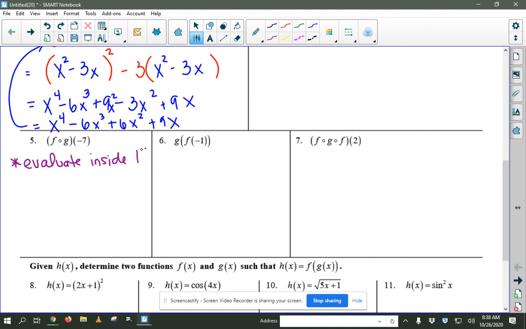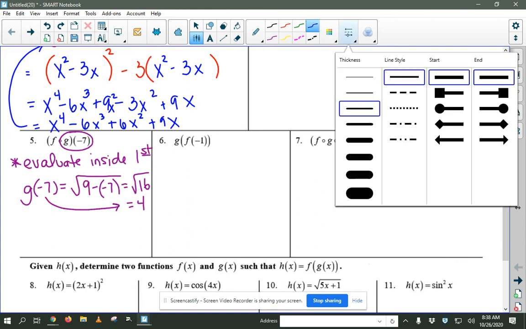What that means is I'm first going to evaluate what g of negative 7 is. And remember, my g function was square root of 9 minus x. I'm just going to replace that x with negative 7. And that gives me square root of 16, which is equal to 4. So g of negative 7 equals 4.